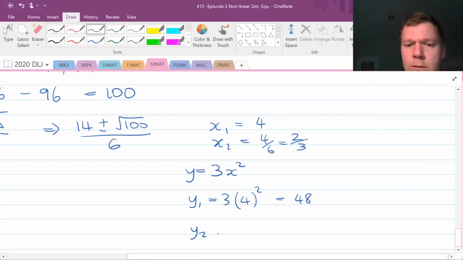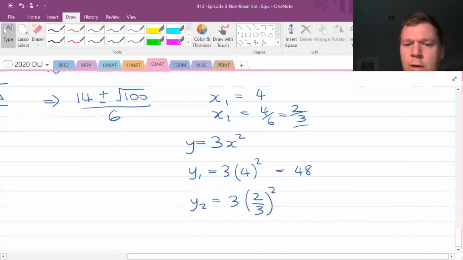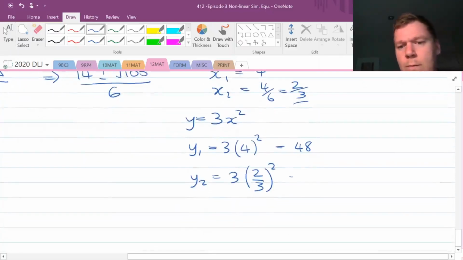y2 is 3 times 2/3 squared. So subbing in this value, that's going to be 4/9.